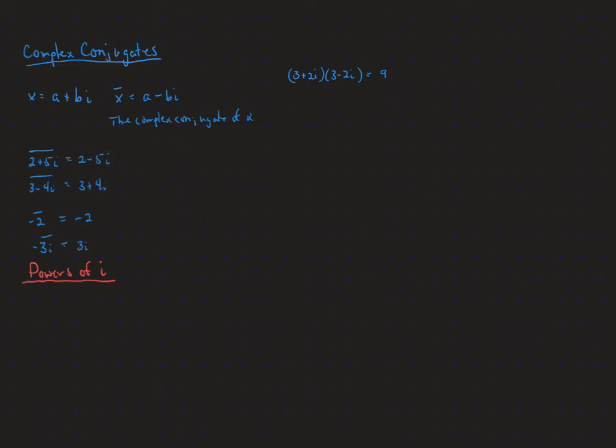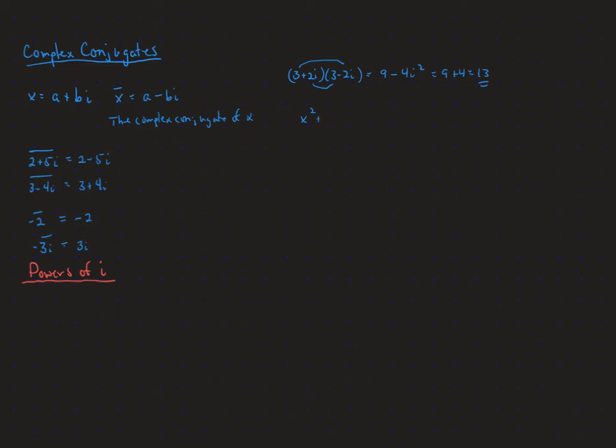It's going to be the first term squared, 9, and then minus the second term squared, and what we get from the distribution, the negative 6i and the positive 6i will cancel each other out, and so interestingly enough, you get a pure real number.